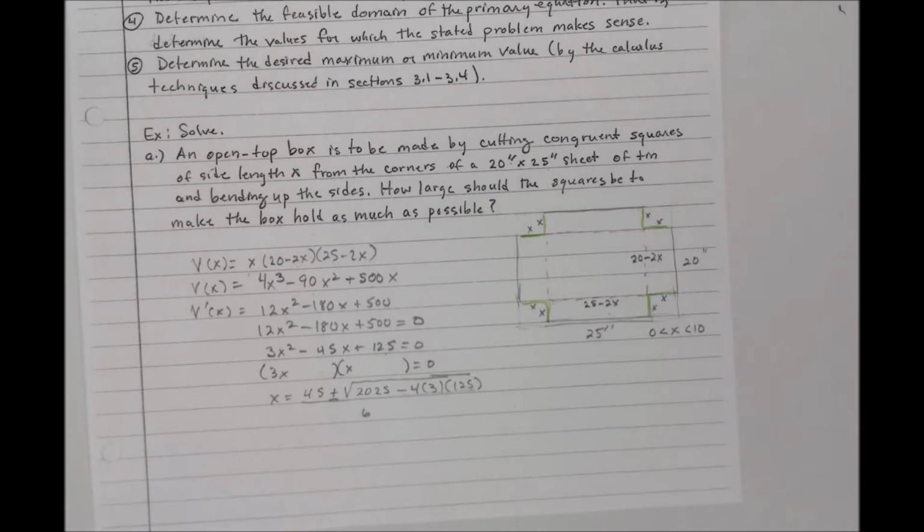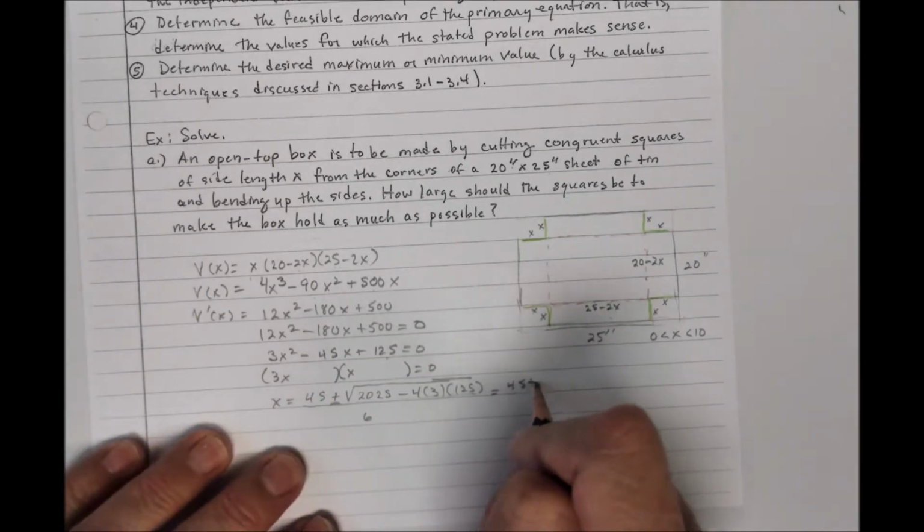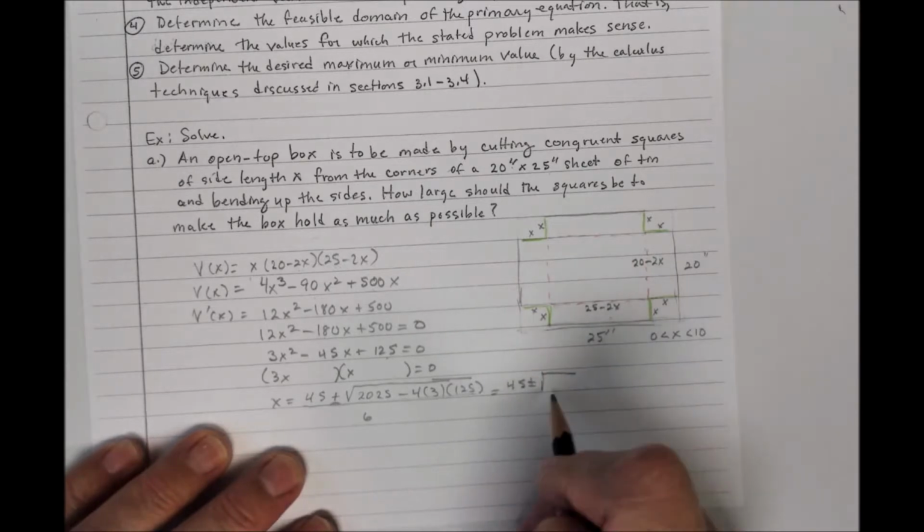Let's see, 45 squared first. 2025 minus, 4 times 125 is 500 times 3 is 1500. 2025 minus 1500 is 525. Doggone me. I thought for sure I had gotten this to work out. 45 plus or minus the square root of 525, and that's all over 6.